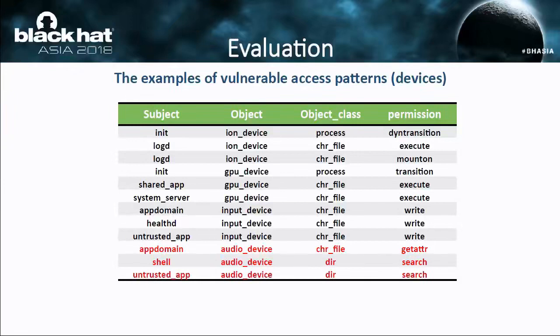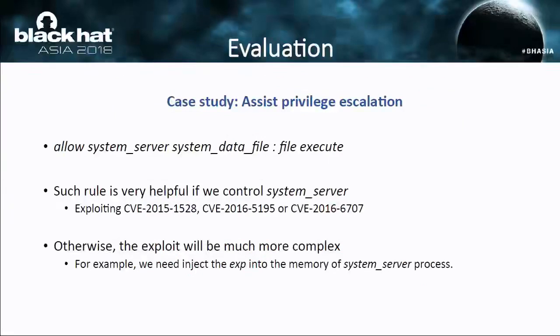In our predicted files, here we show a very simple example. Such a rule can assist the privilege escalation, because this rule allows the system server to execute the system data file. With this rule, if we have the ability to control the system server, maybe you'd say this is very hard, but in reality, we really can complete such a process by exploiting many reported vulnerabilities, like Dirty COW.